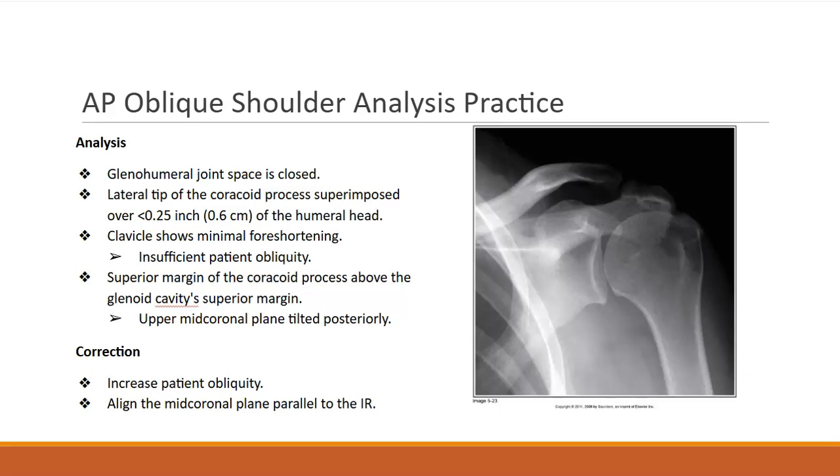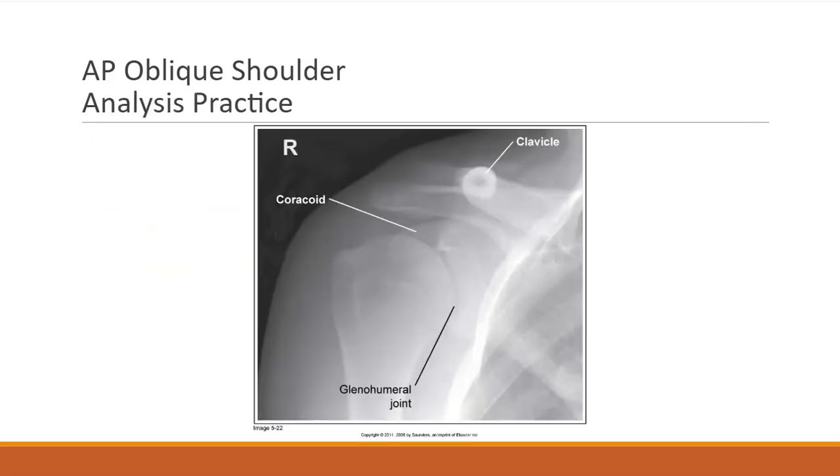It should be aligned with the superior margin of the glenoid cavity, not above it. In order to correct these positioning errors, we need to increase that patient obliquity and align the mid-coronal plane parallel to the IR. Go ahead and review this AP oblique practice analysis and answer the following question.